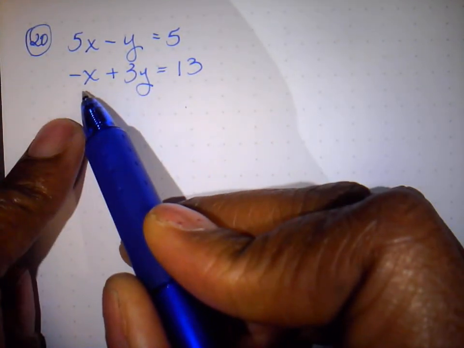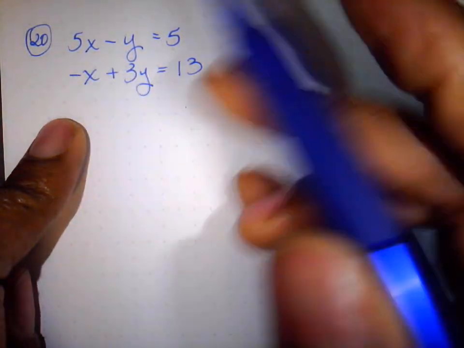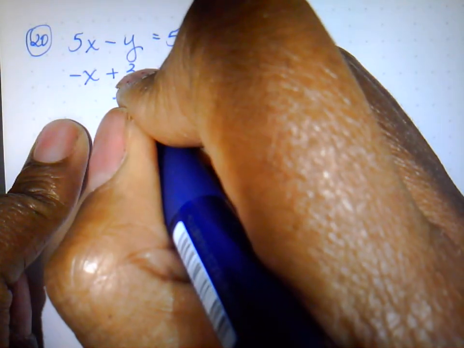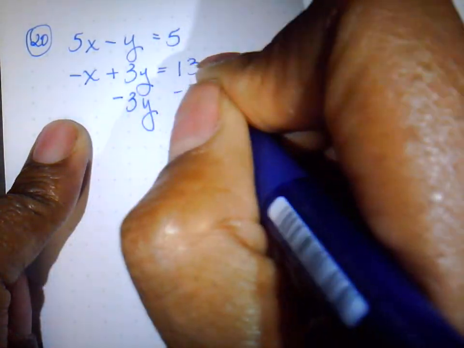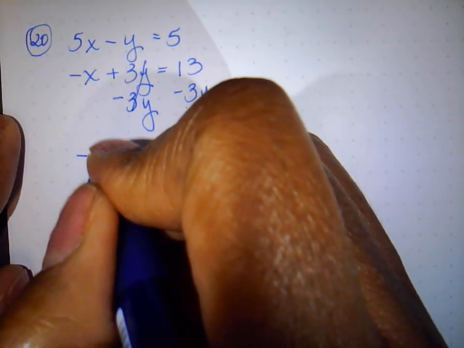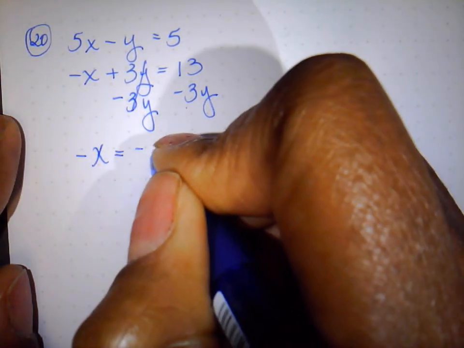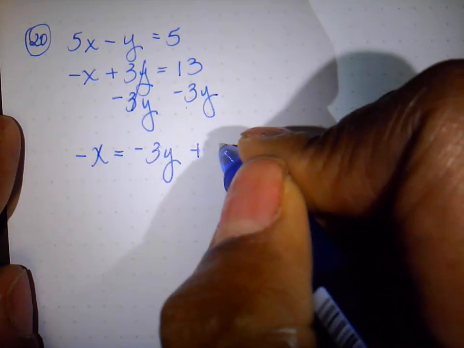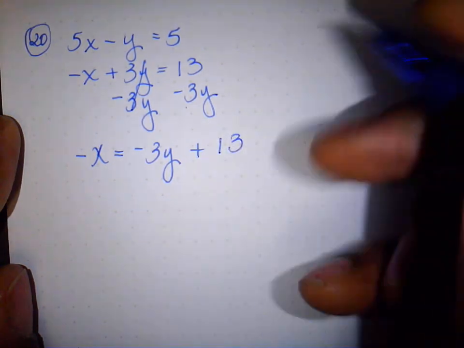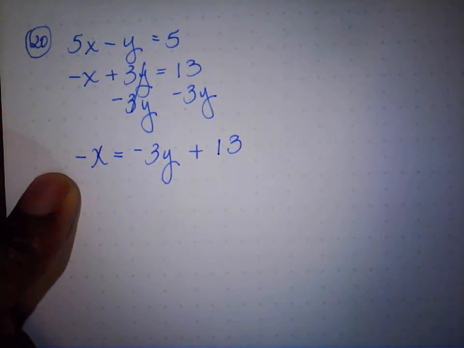All right, so if I'm going to isolate this x, I'm going to subtract 3y from both sides, right? So I end up with negative x is equal to negative 3y plus 13. Now, we've never had a problem like this before, have we?